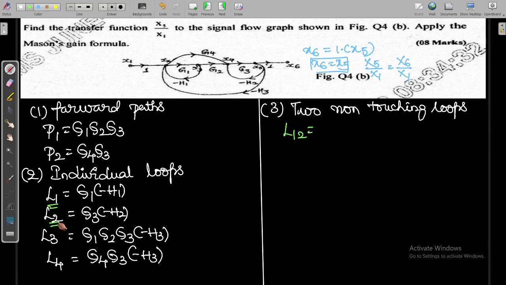Next you compare L1 and L3. L1 and L3 have a common node here, so you can observe that.